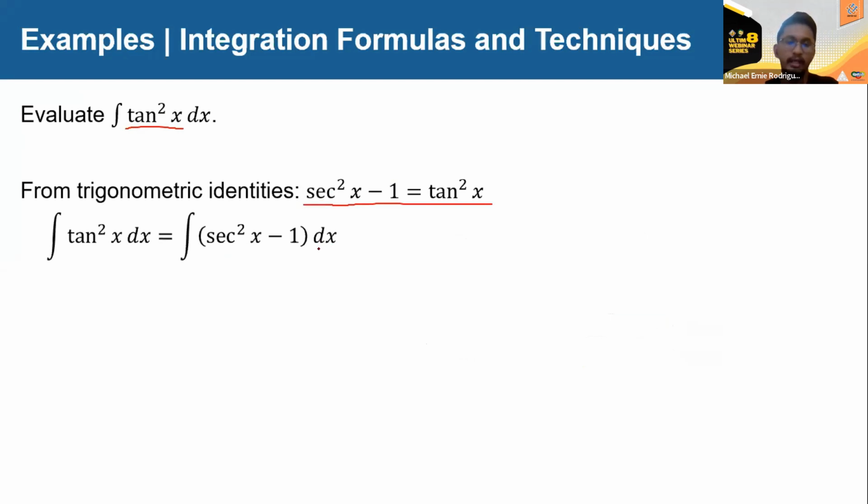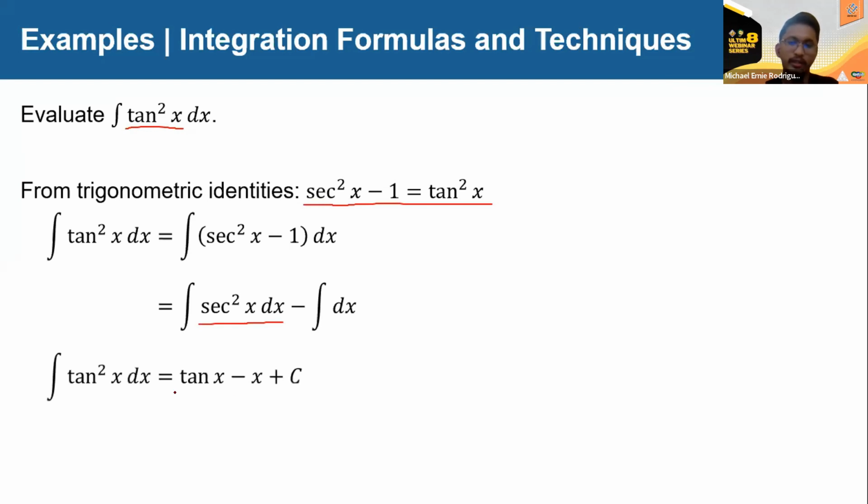And then, ihiwalay natin yung dalawang terms na yan. So we have the integral of secant squared x dx minus the integral of dx. So itong secant squared of x dx, we have this on our formulas, di ba? So we evaluate now this integral. So we have tangent of x minus x plus c.